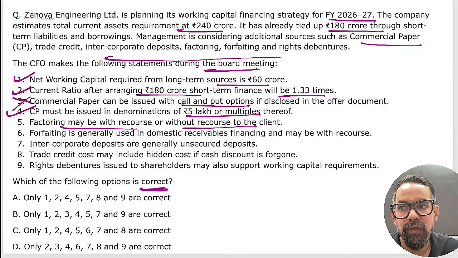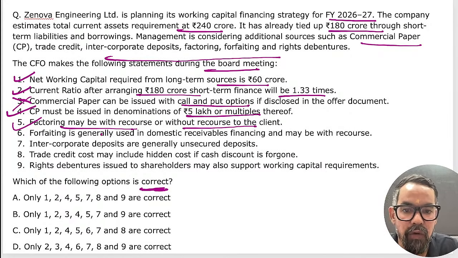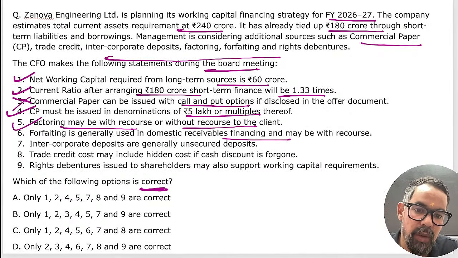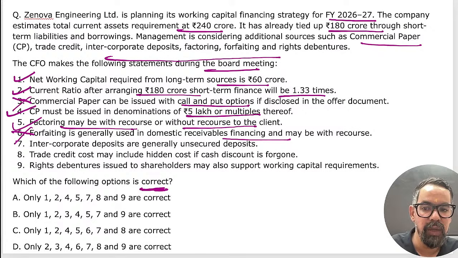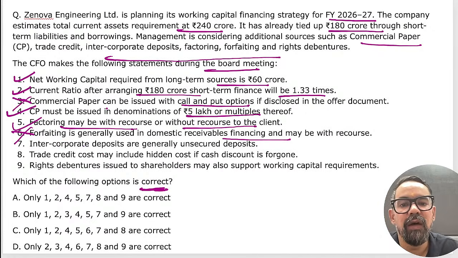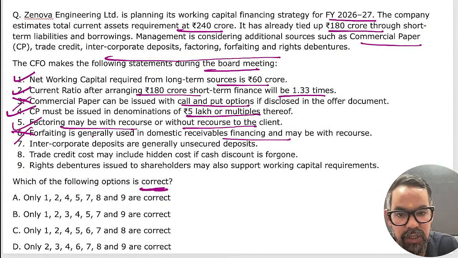Factoring and forfeiting: yes, factoring can be with or without recourse. Forfeiting is only without recourse. Forfeiting is generally domestic receivables financing and may be with or without recourse. Now this statement is wrong. Basically forfeiting is without recourse, backed by the LC and used for international transactions.